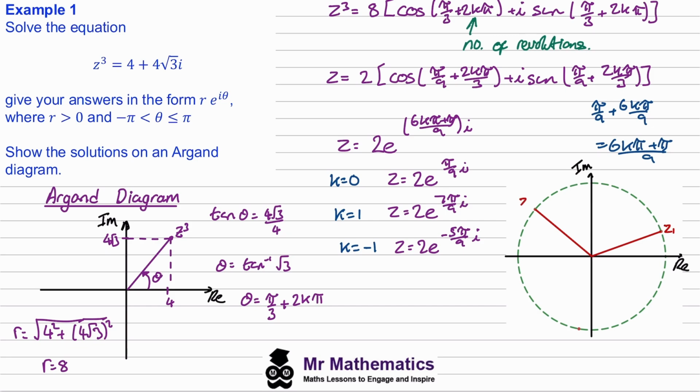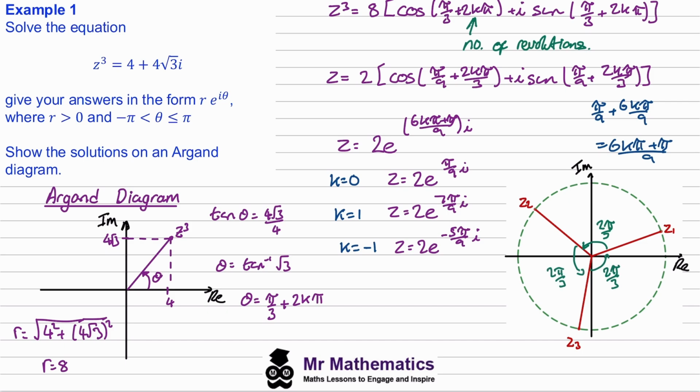We'll call this Z2. And then for our third solution, we'll have an argument of -5 pi over 9, so that will go to about here. We'll call that Z3. Can you see that each of these solutions are separated by 2 pi over 3 radians?